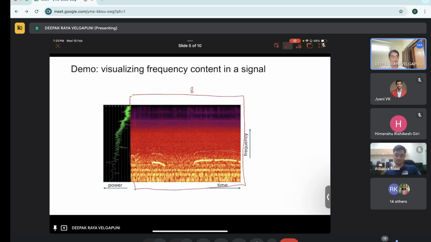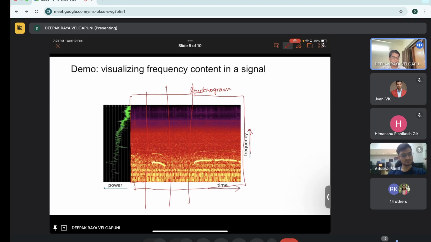This is called a spectrogram. Here on the x-axis is time and the y-axis is the frequency in hertz. So in this particular segment of time, this whole segment, you can divide into time segments. In these segments, what is the frequency content?